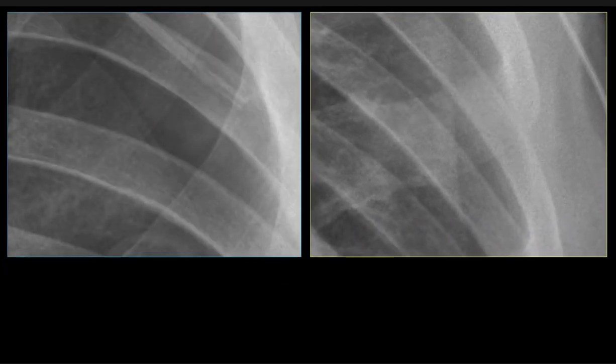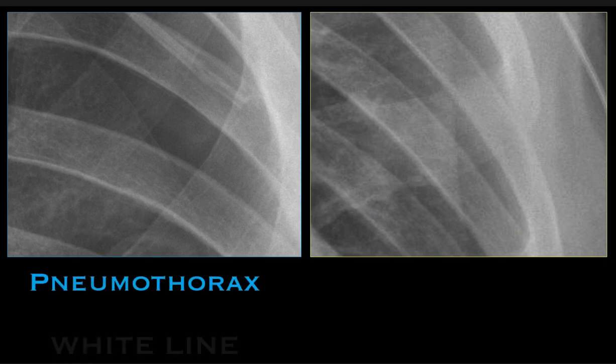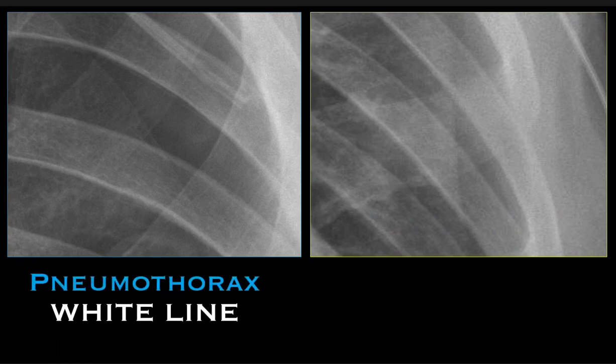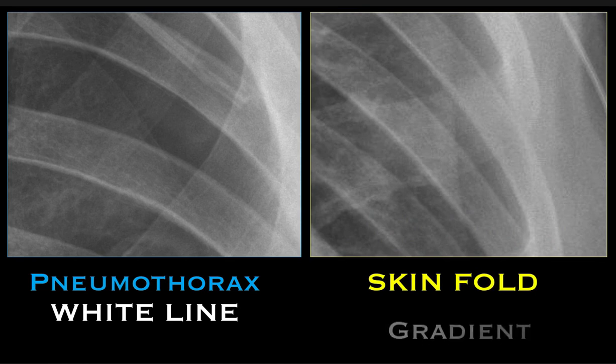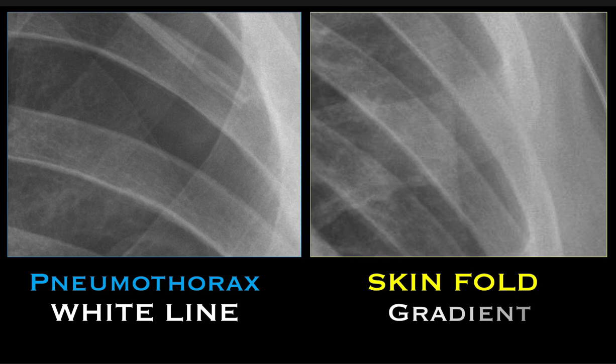So side by side, stare at that for a second. I think this is maybe the most helpful slide in this talk. Just seeing that pattern recognition: a real crisp, sharp, thin line versus a gradient with the skin fold.